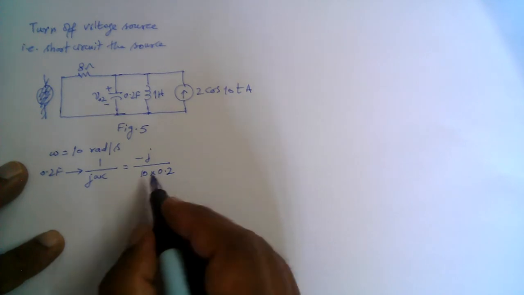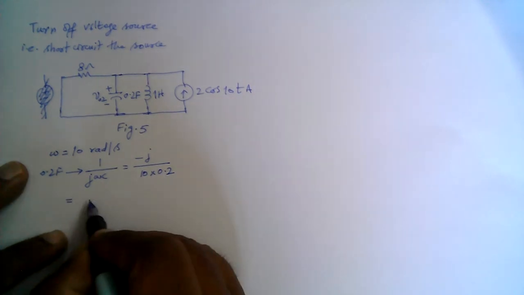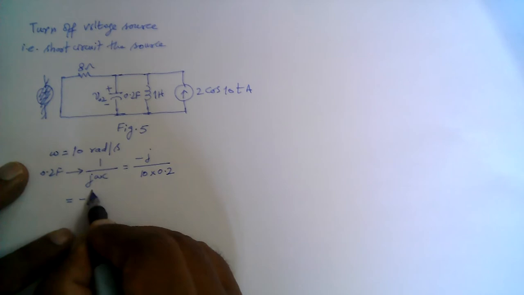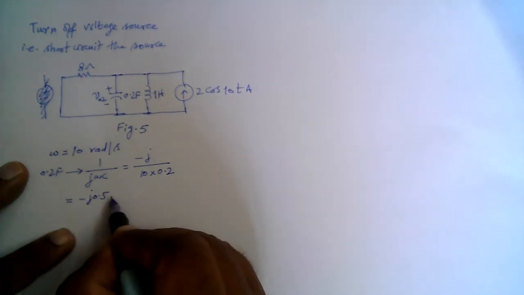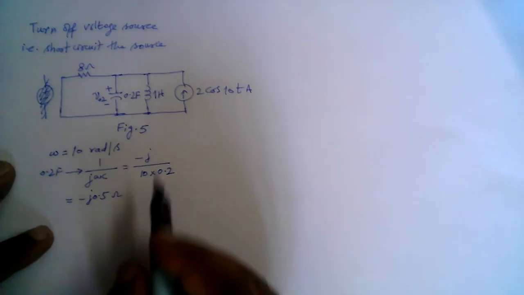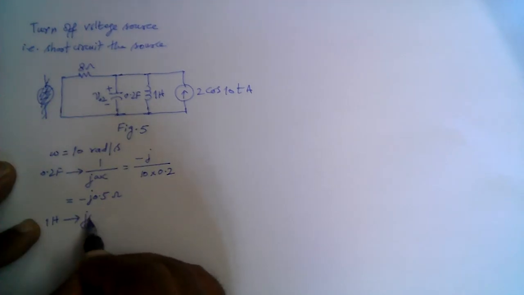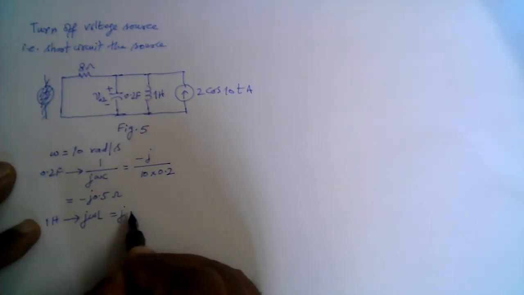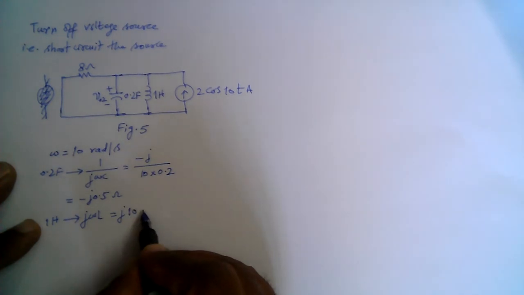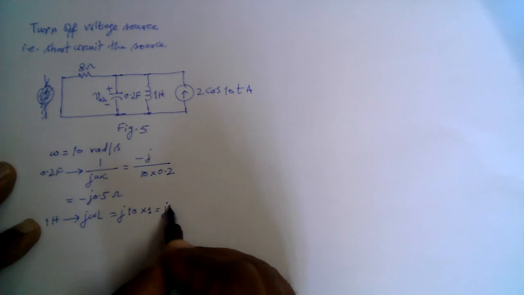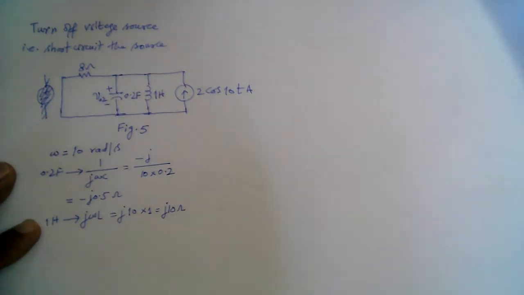So that is minus j over 2, or minus j 0.5 ohm, right? And for the 1 Henry inductor, we have j omega L. Omega is 10 and L is 1, so that is j10 ohm, right?